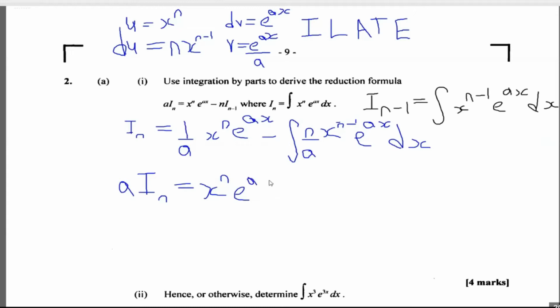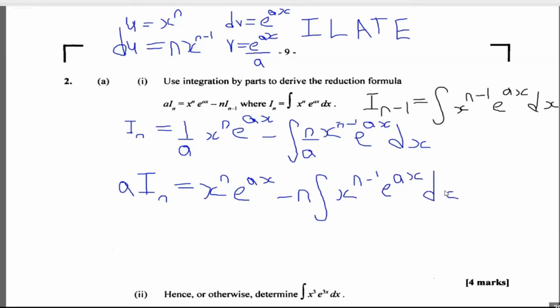Multiplying by a now becomes an over a, then the a cancels the a, so we'll get minus. We can factor out the n as well and write n times the integral of x^(n minus 1) e^(ax) dx, of course.